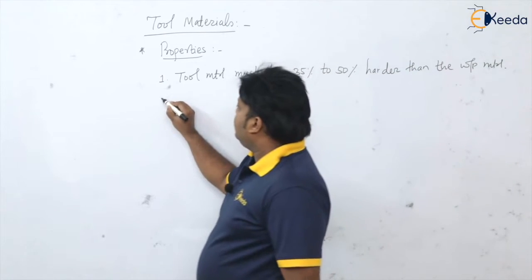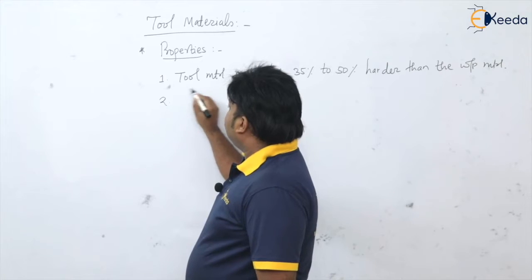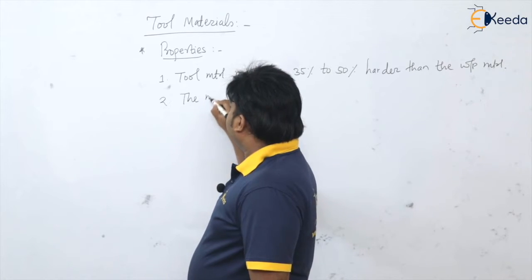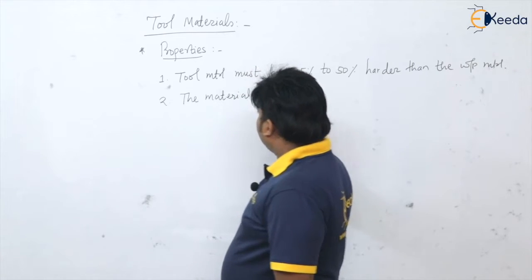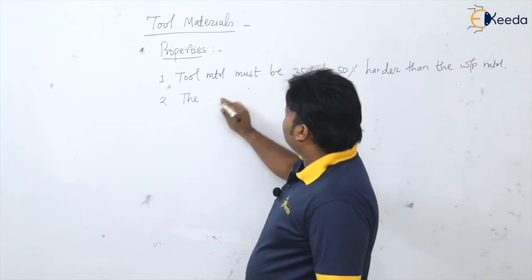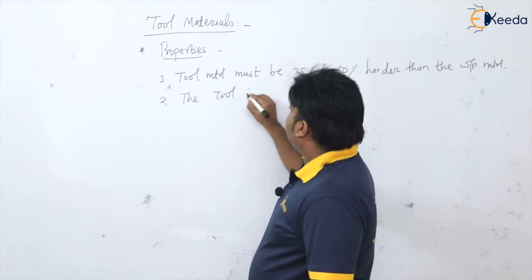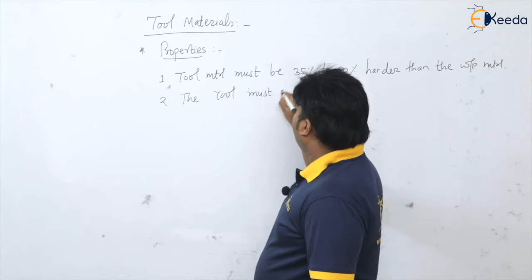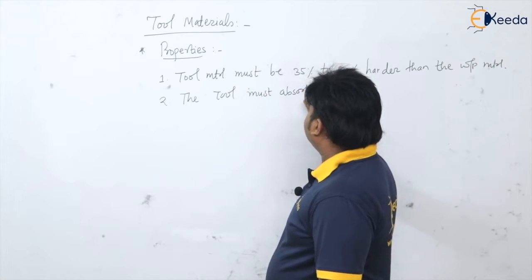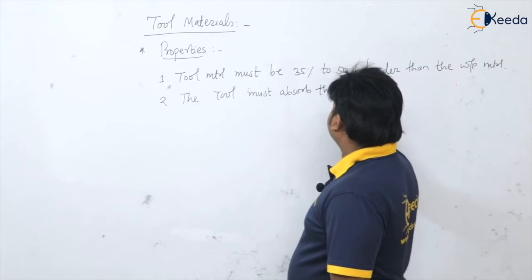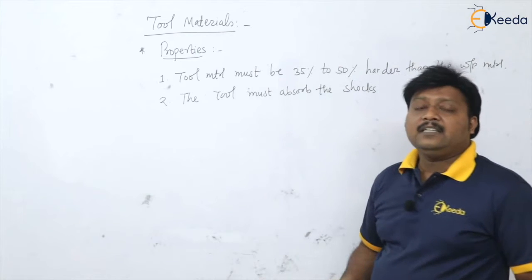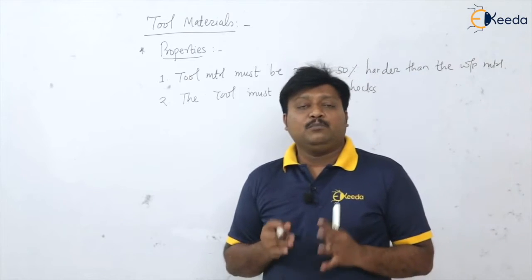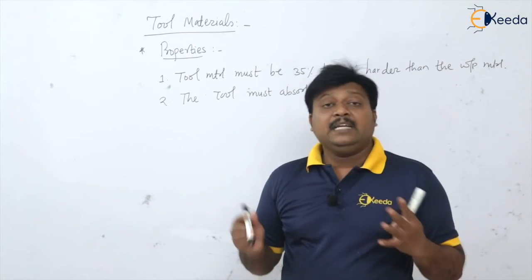The second important thing is that the tool material must absorb the shocks. Or rather I can say that the tool material should be able to withstand the impact loads.